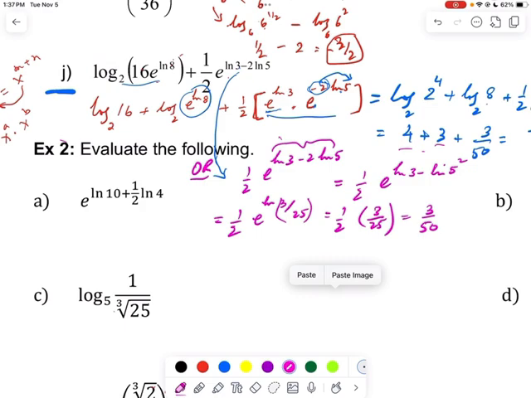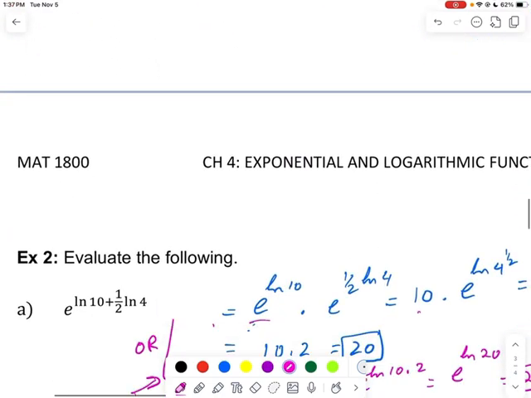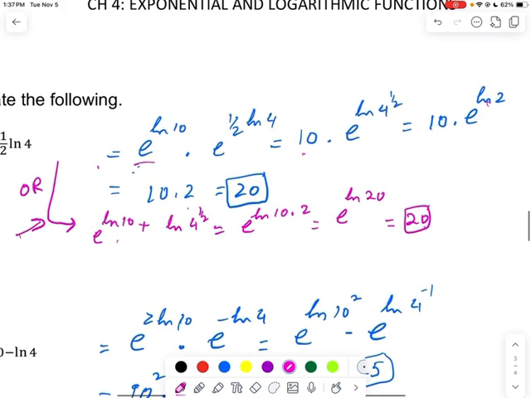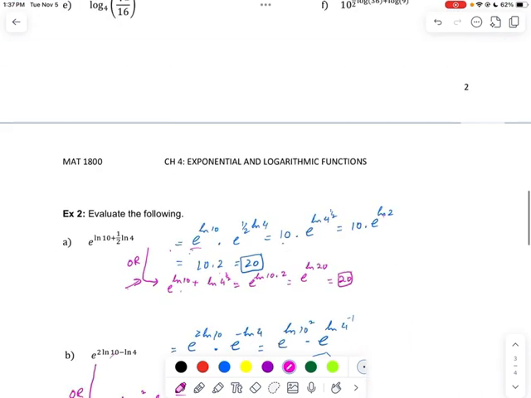let me move to the next page where I have them rewritten in a better way, having much more space. Okay, so first part, e to the ln of 10 plus half ln of 4. We can use the method that I just explained, but I have shown here both methods.